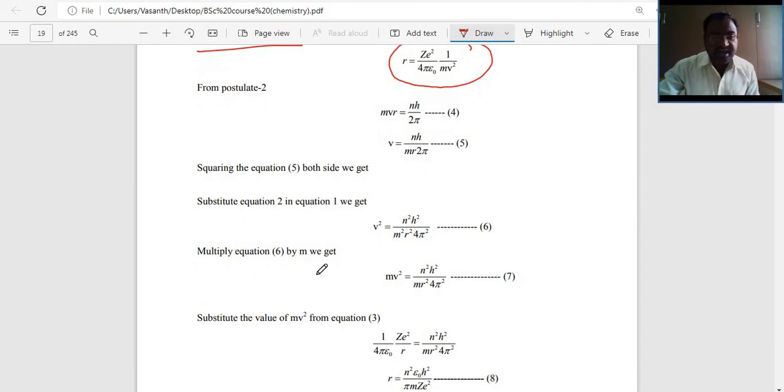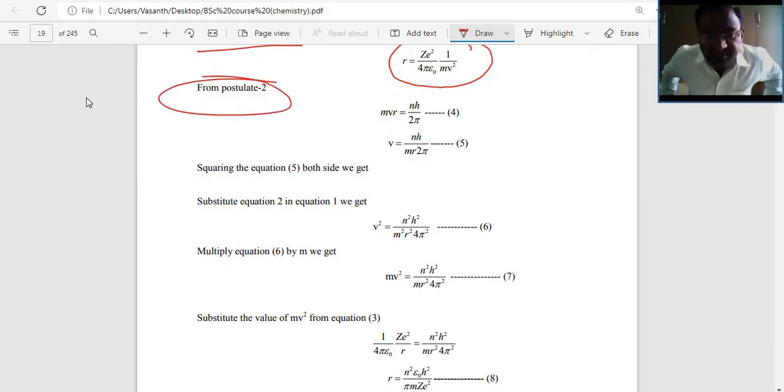Next we consider the second postulate of Bohr's atomic theory. The angular momentum is equal to an integral multiple of h by 2 pi, that is mvr is equal to nh by 2 pi. Here velocity is equal to nh by m into r into 2 pi.